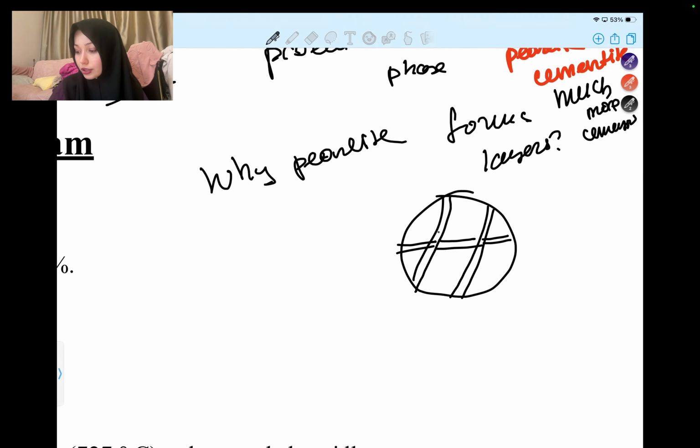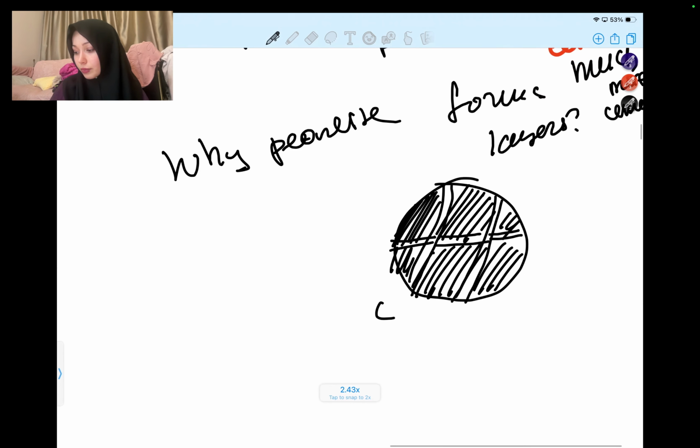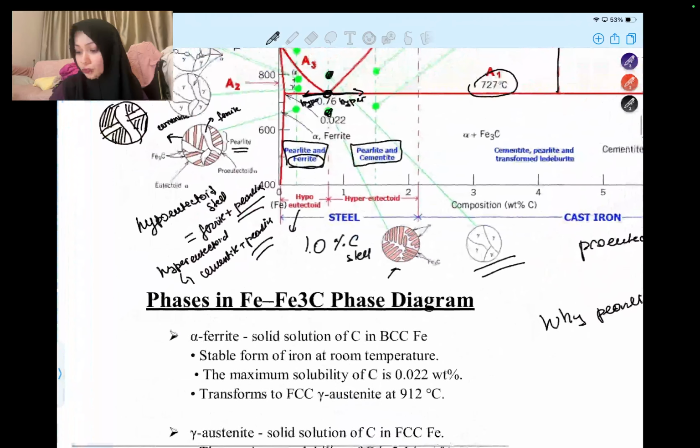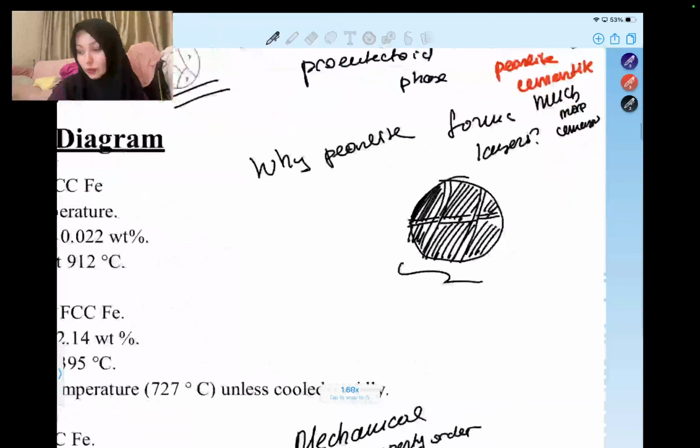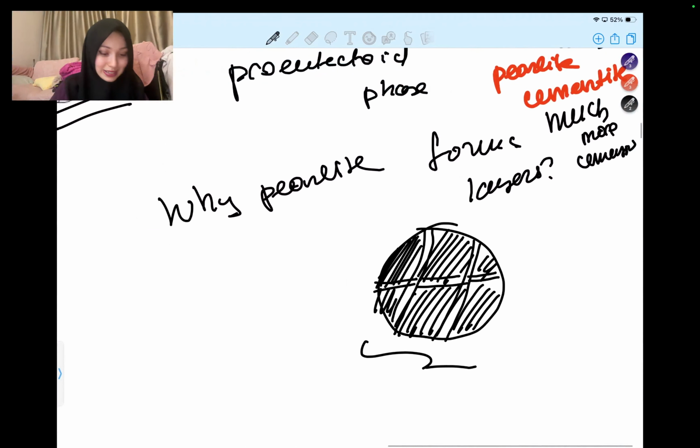I will try to illustrate it. I hope it's clear. As you can see, the ledeburite structure differs from pearlite, as it would probably have more cementite. It would have more dark spots as it has more cementite.